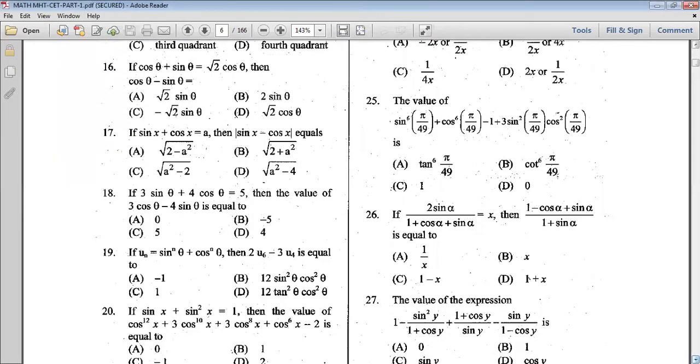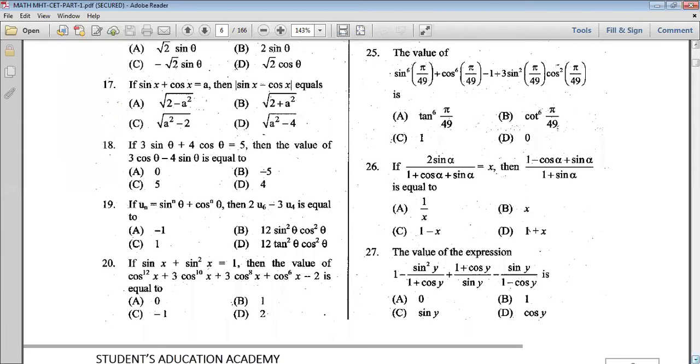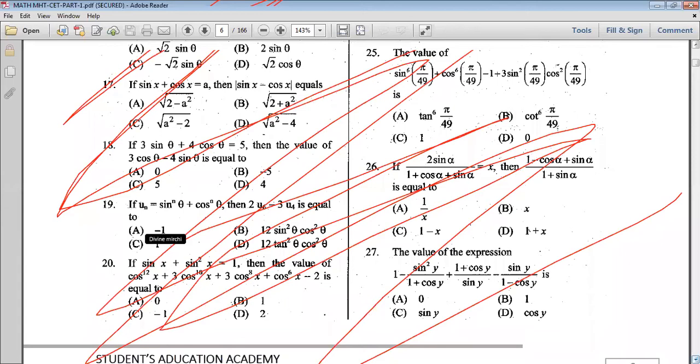26th problem. This is also a standard problem. Observe that x is equal to 2 sin α upon 1 + cos α + sin α.